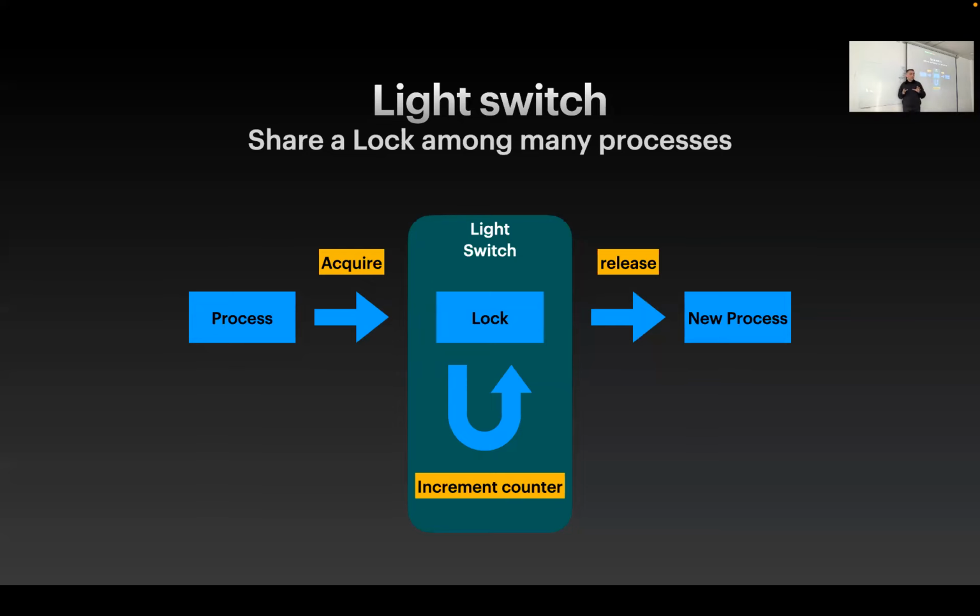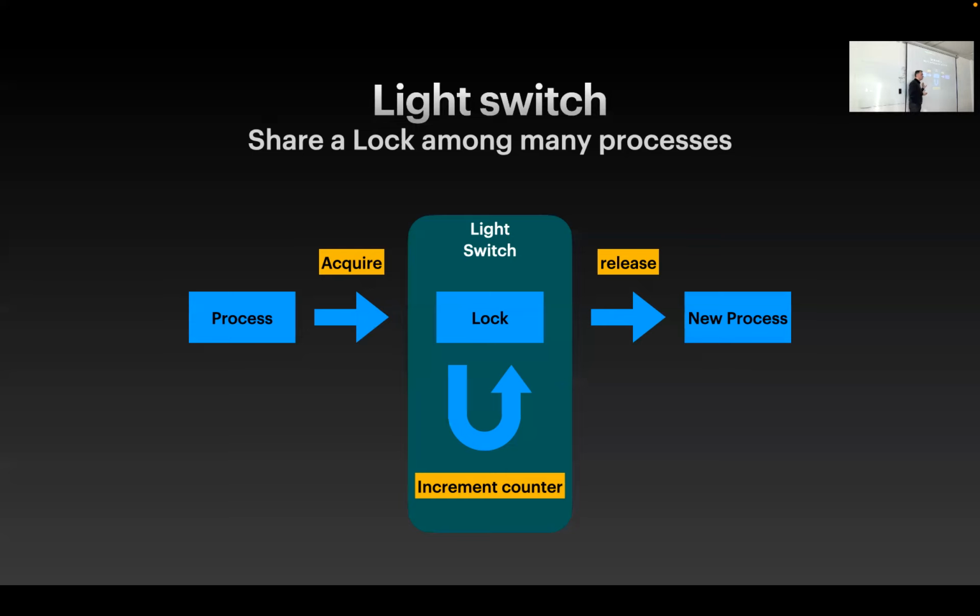The switch itself keeps an internal counter. When the counter is 1, it acquires the lock. When the counter is greater than 1, it doesn't do anything. And when a process releases the switch, it decreases the counter. When the counter is 0, it releases the lock as well. This way, I'm sharing this lock among all the processes.